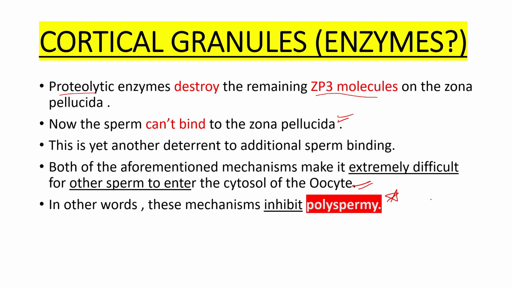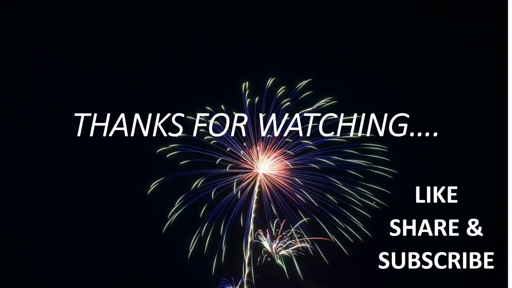So this was all about the inhibition of polyspermy, or sperm entering the egg, through the slow block to polyspermy. The slow block to polyspermy is more efficient than the fast block to polyspermy, because it would hold the sperm from entering the ovum for a much longer time as compared to the fast block to polyspermy.